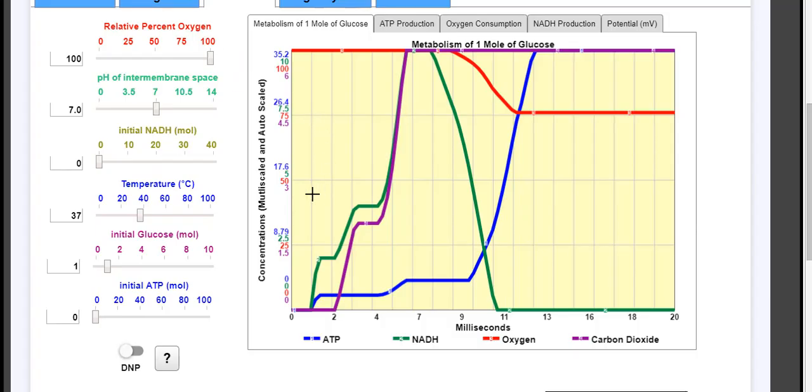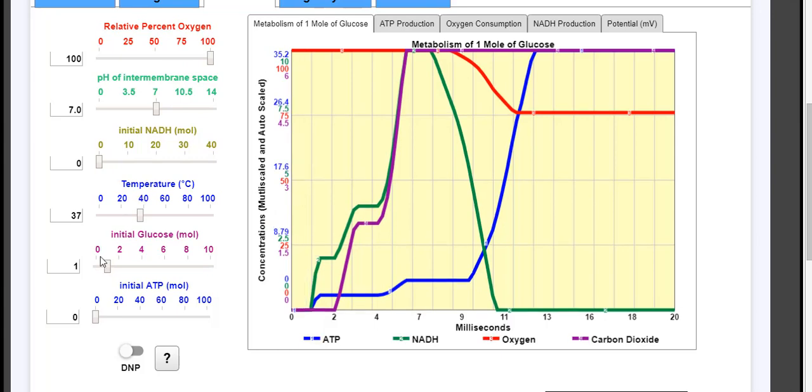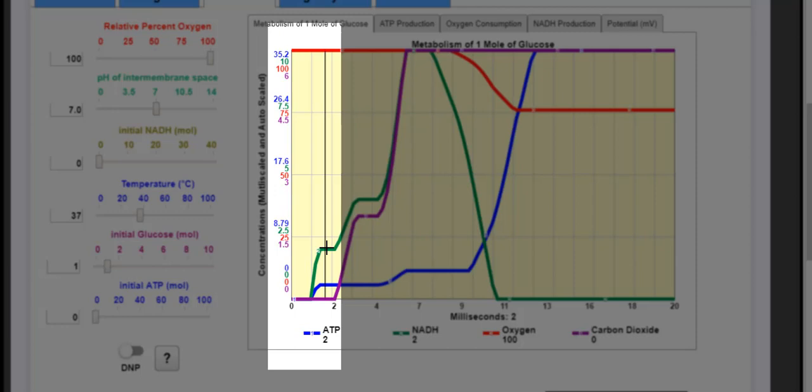So let's look at this model, and if you click on it, you can see at the very beginning there is 1 mole of glucose. As the simulation runs, we produce 2 ATP and 2 NADHs. So that's glycolysis.